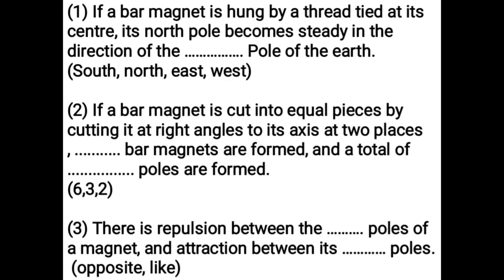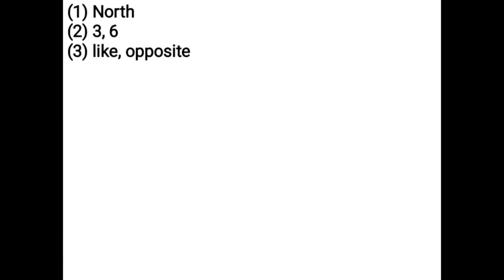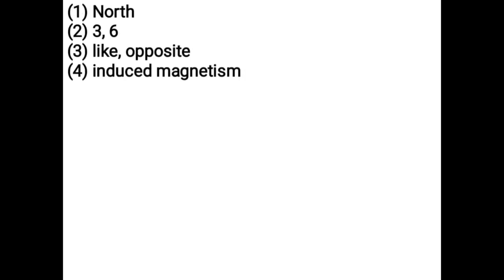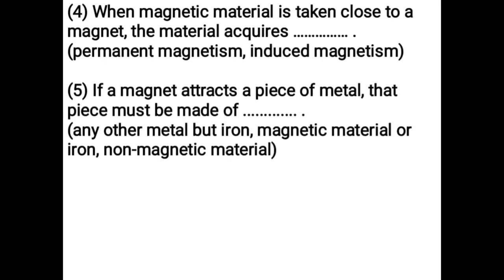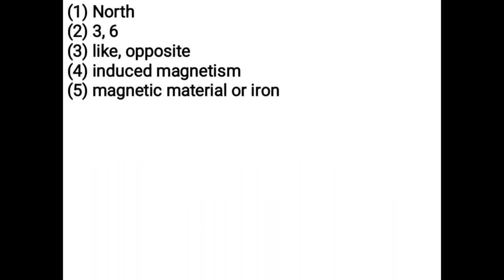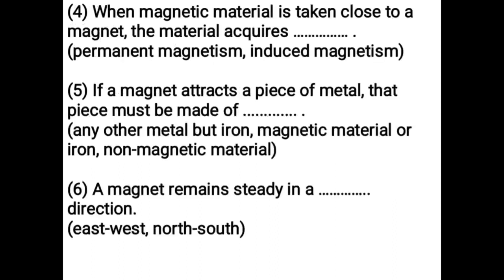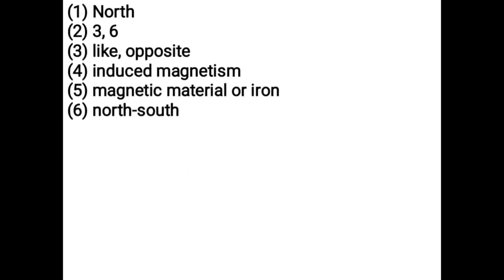There is repulsion between the dash poles of a magnet and attraction between its dash poles. Like, opposite. When magnetic material is taken close to a magnet, the material acquires dash. Induced magnetism. If a magnet attracts a piece of metal, that piece must be made of dash. Magnetic material or iron. A magnet remains steady in the dash direction. North-south.